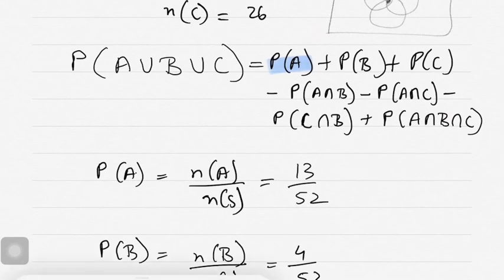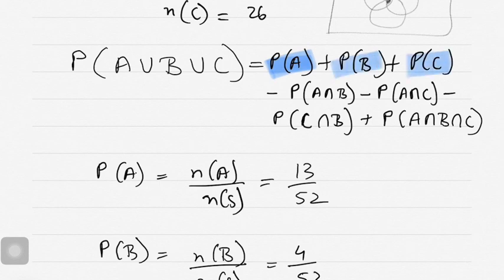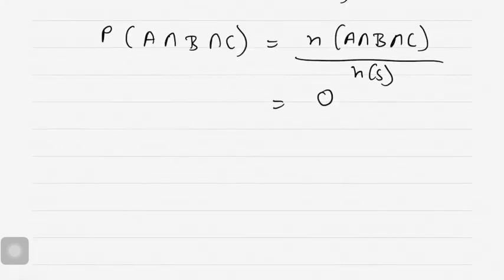Now we have calculated P of A, P of B, P of C, P of A intersection B, P of A intersection C, P of C intersection B, and P of A intersection B intersection C. We have calculated all the components of the right hand side. So now you can find out P of A union B union C.